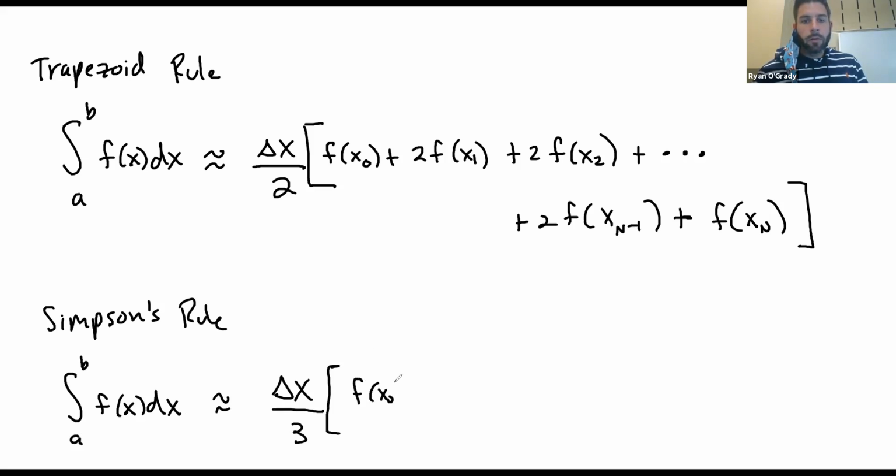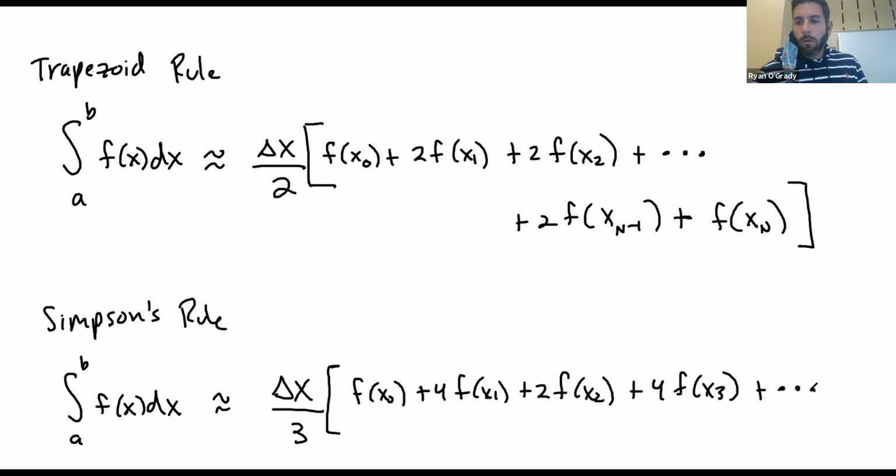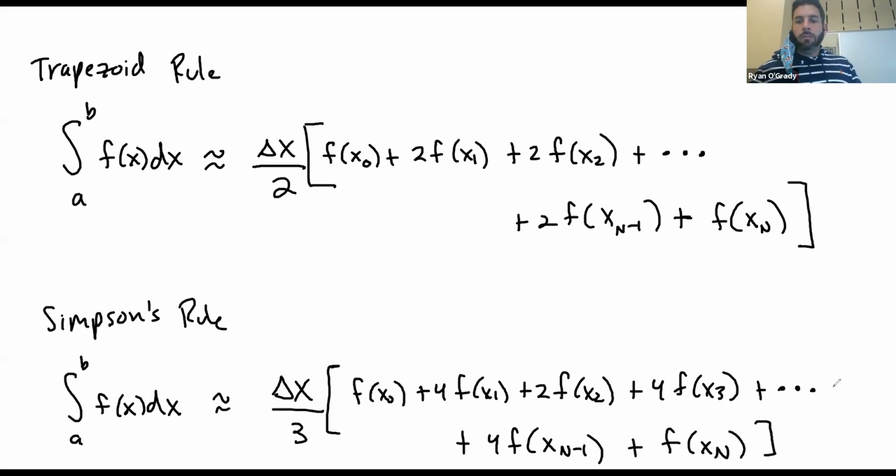And this time, the constants alternate between 4 and 2. So once again, there's no constant in front of the first or last term, but there are constants in front of all the other terms.